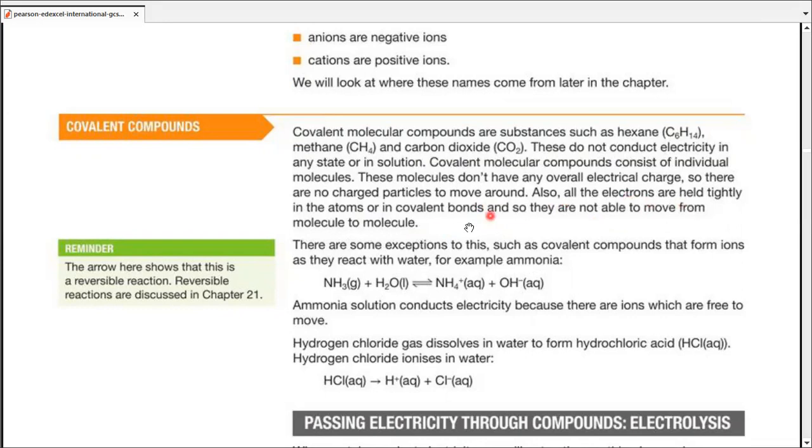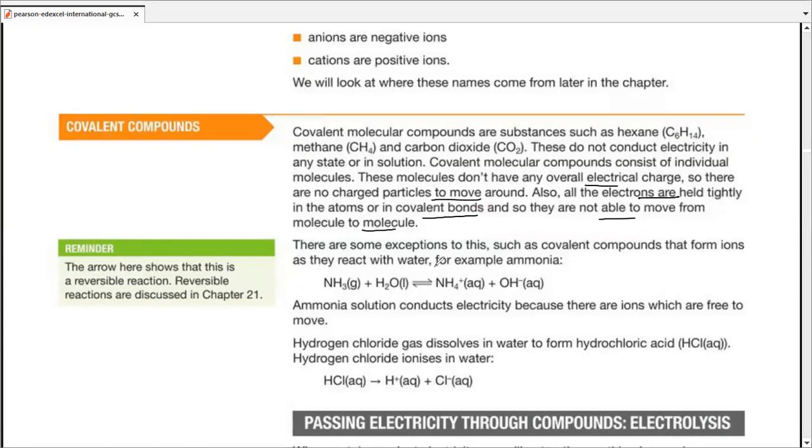All their electrons are held tightly and they don't even have delocalized electrons. So when they don't have any charged particles or electrons that can move around, they're not able to conduct electricity in any state, be it the solid state, the molten state, whatever state they are in. There are also some exceptions to this.